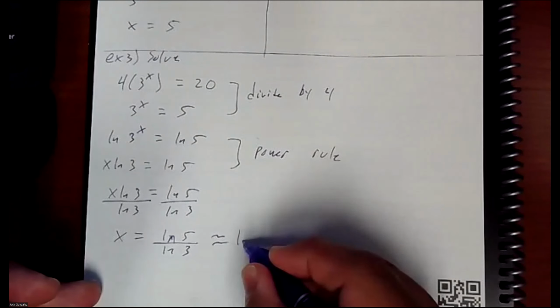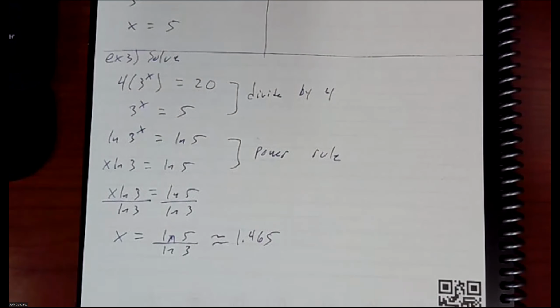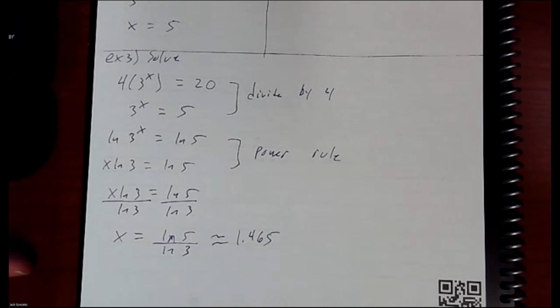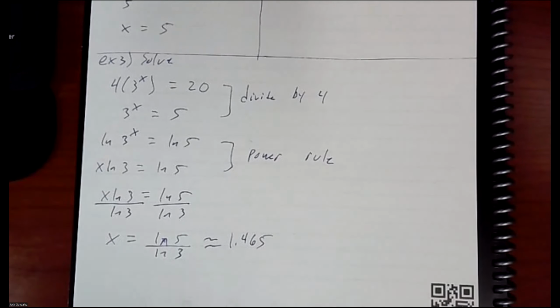They round to 3 decimal places. Any questions on number 3?